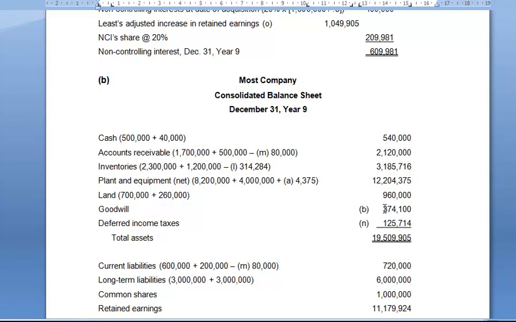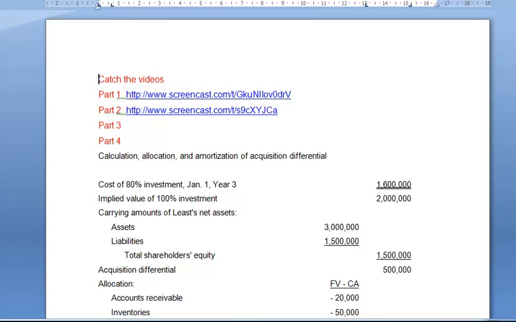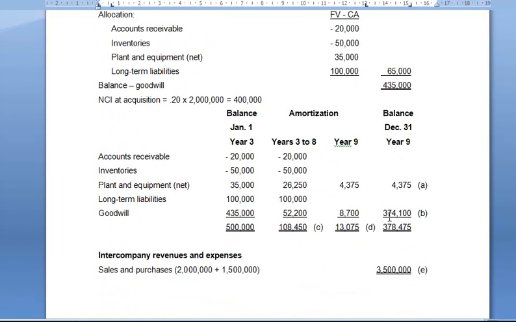Goodwill, again, if you go back up to your schedule of acquisition differential amortization and impairment losses, you'll see the recoverable amount of goodwill. That's what's going to go on the consolidated balance sheet. And I think I made a mistake before.